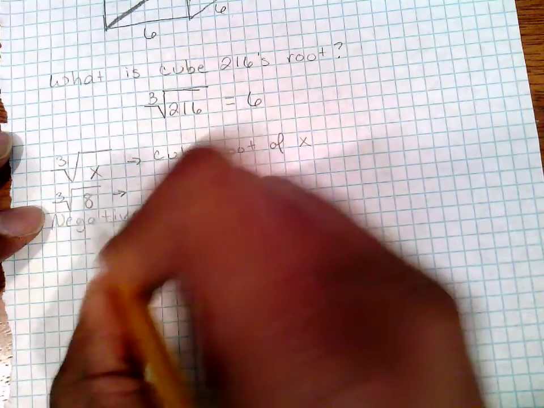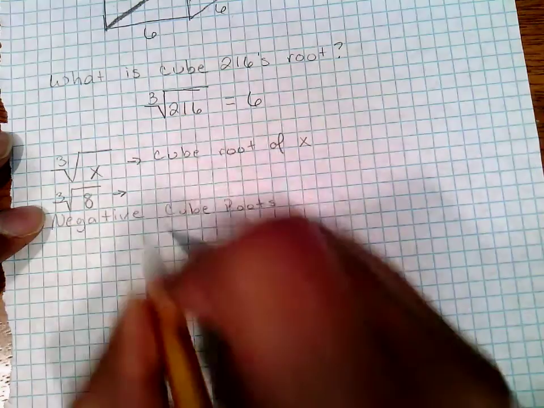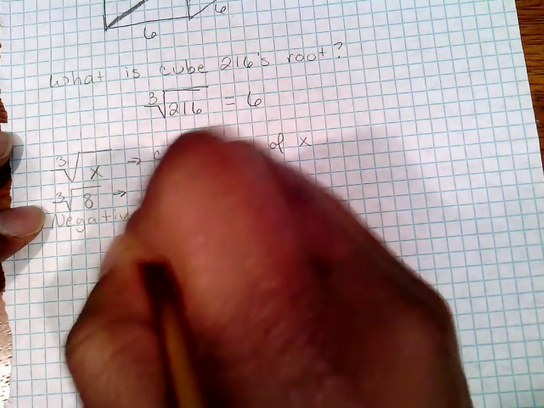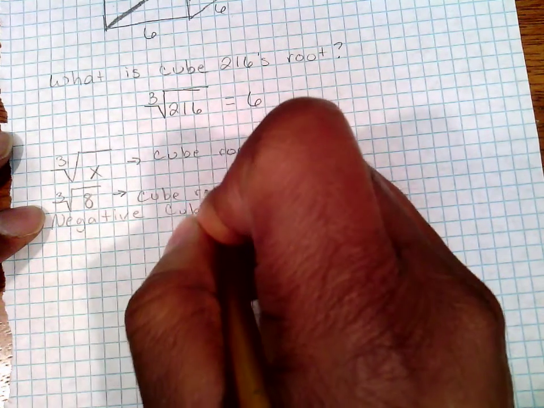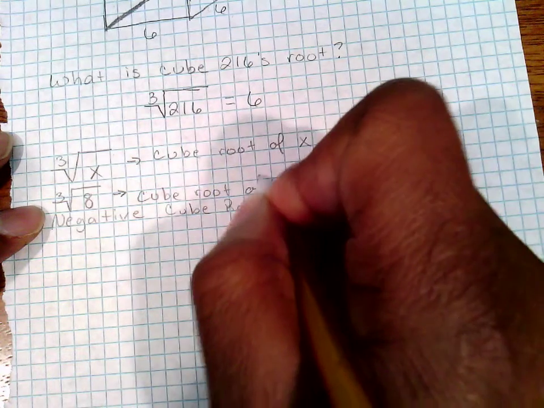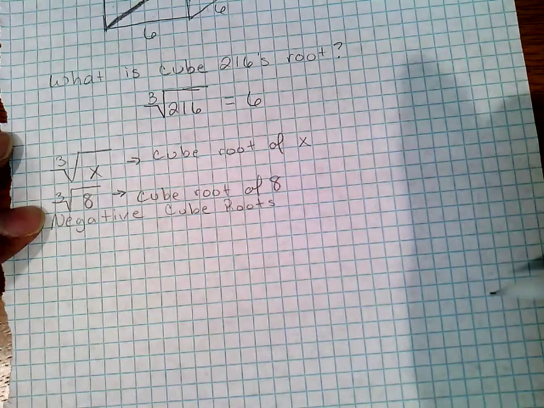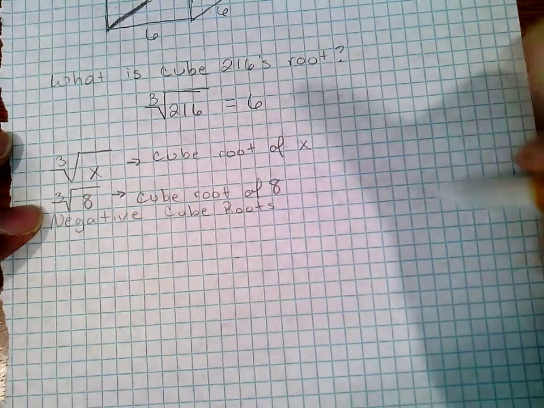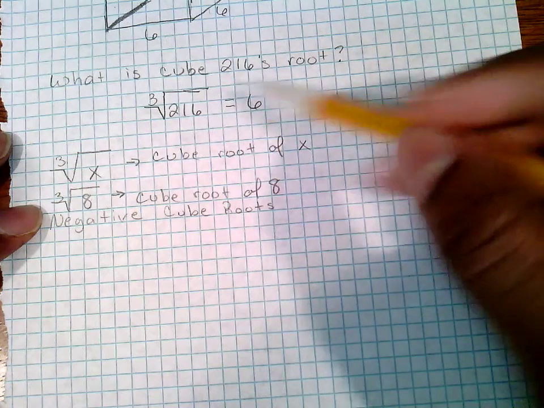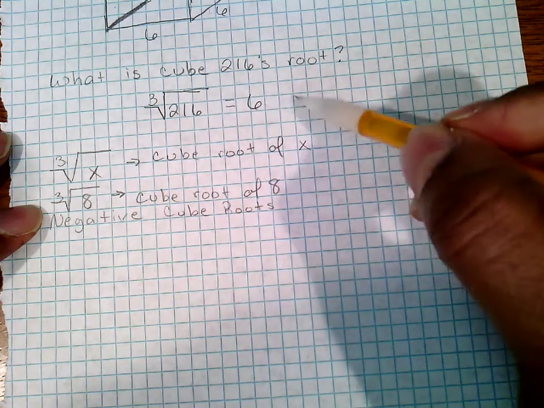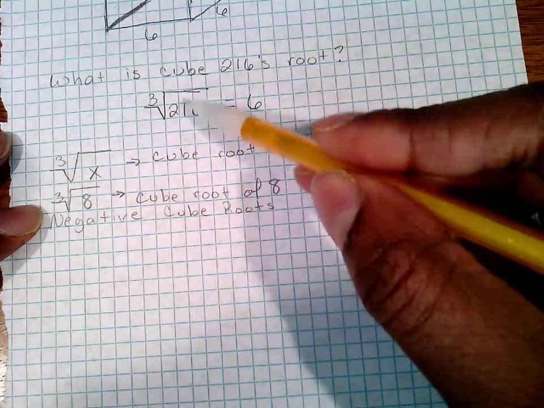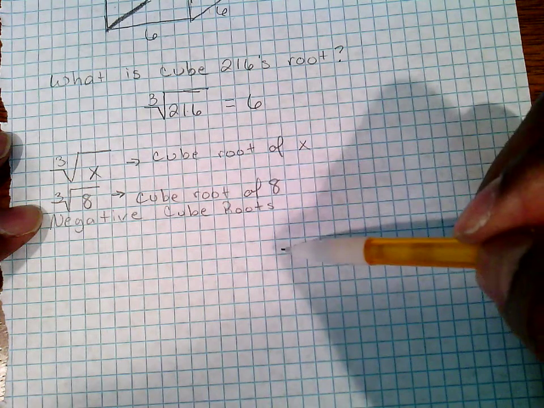And here, with the 8 on the inside, it would be the cube root of 8. So in short, look at what number you could multiply by itself 3 times and get the number on the inside.